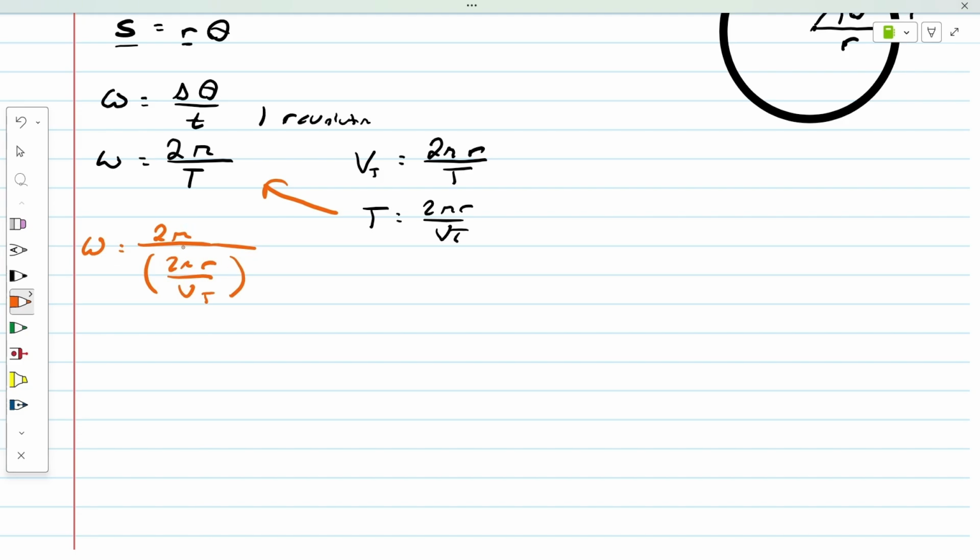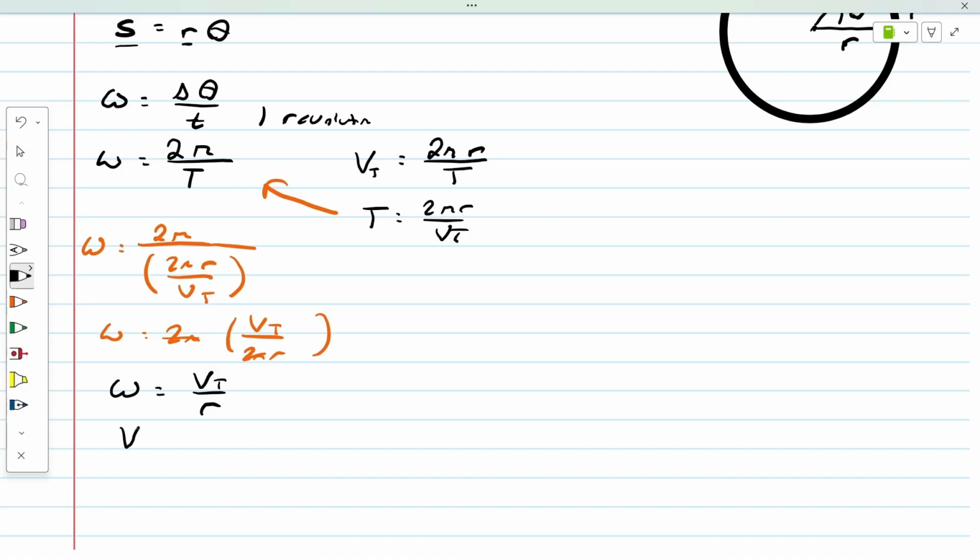Since we're dividing a fraction, we multiply by the reciprocal and get 2 pi times vt over 2 pi r. The 2 pi's cancel, and we get omega equals vt over r.